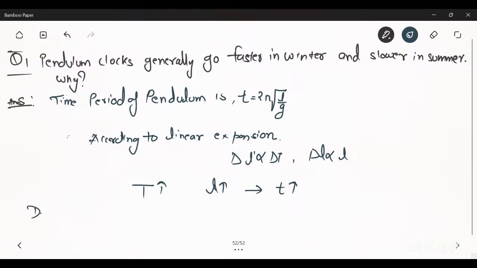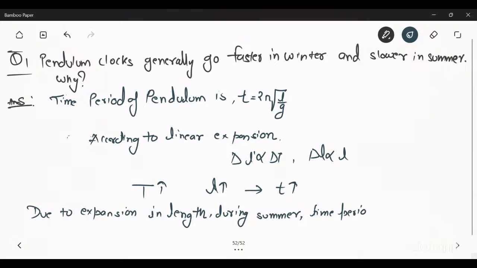So, due to expansion in length during summer, as the temperature increases, the length expands, the time period increases, and the clock loses time in summer.